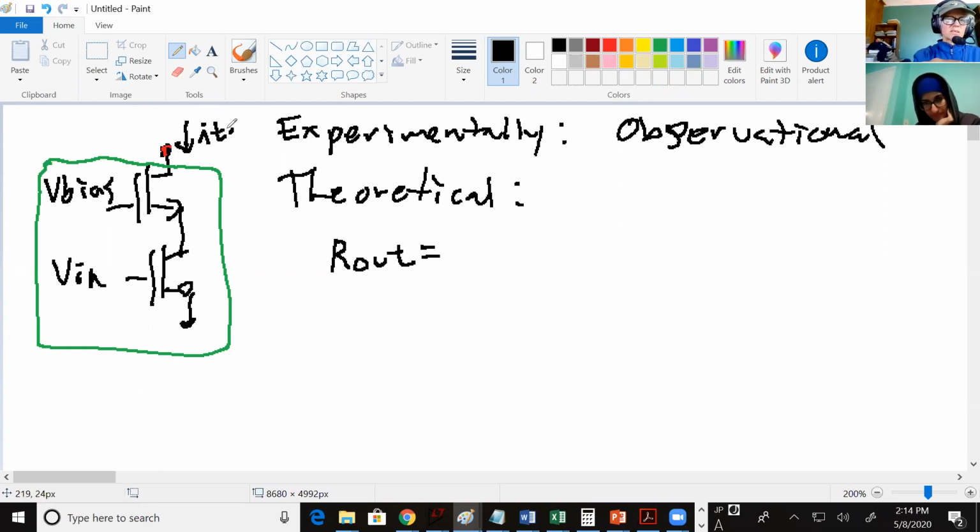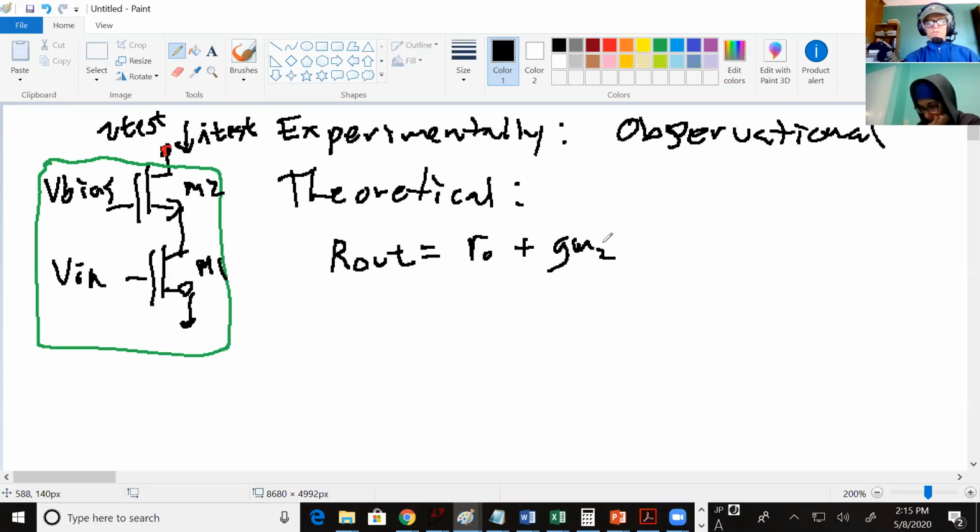I test and V test. And then we did small signal analysis on this, and we got an RO plus a gm. Let's make this M2, M1, gm2, RO1, RO2, plus I think one of these was R1 and RO2, something like that.